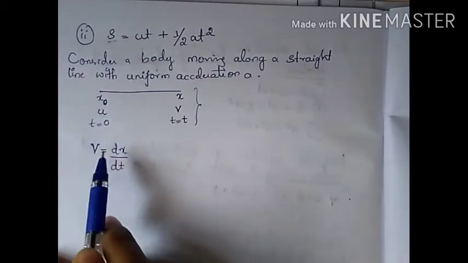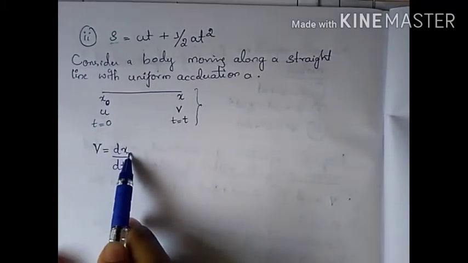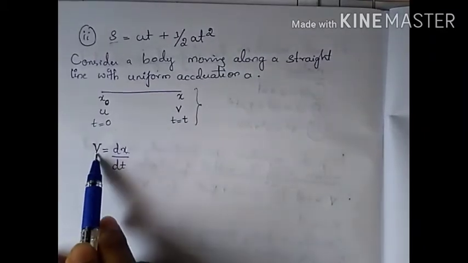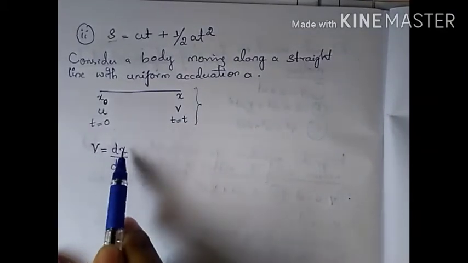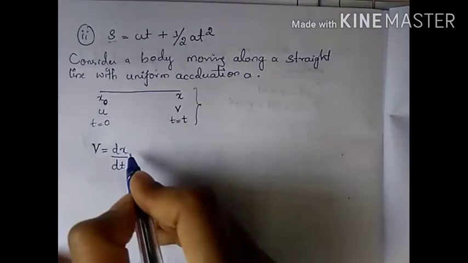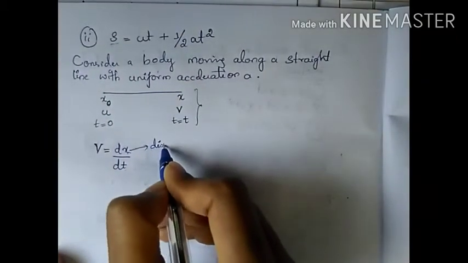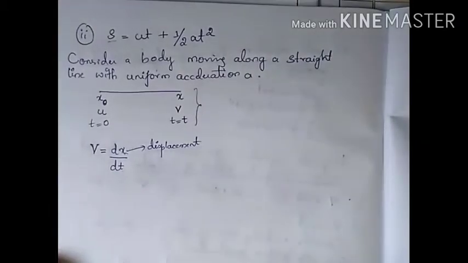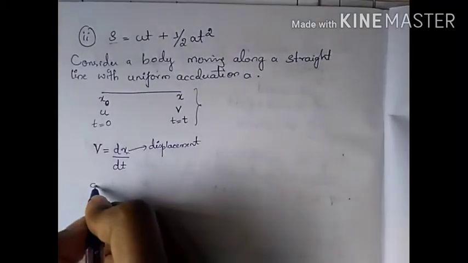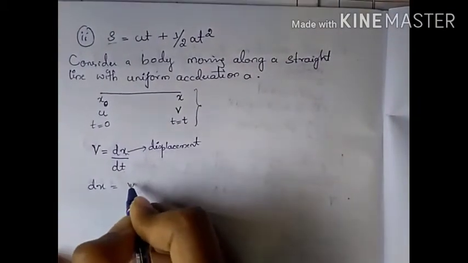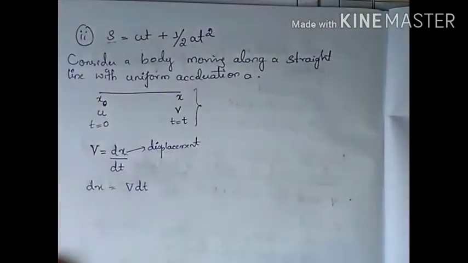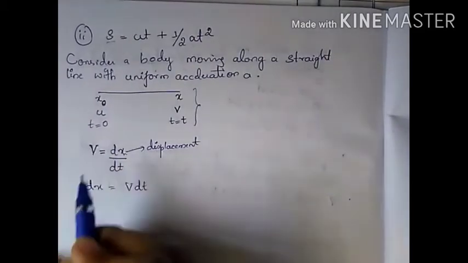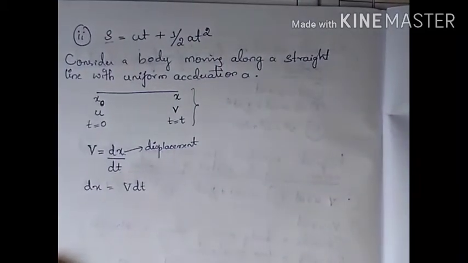Velocity is not the rate of change of distance by time, but the rate of change of displacement by time. So if you write it, dx is equal to v dt.